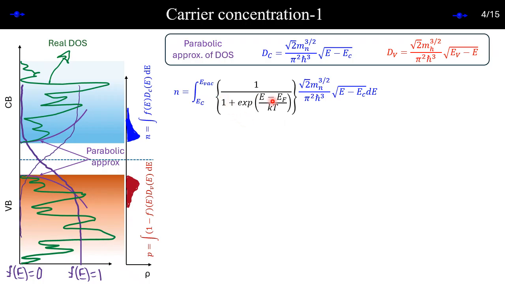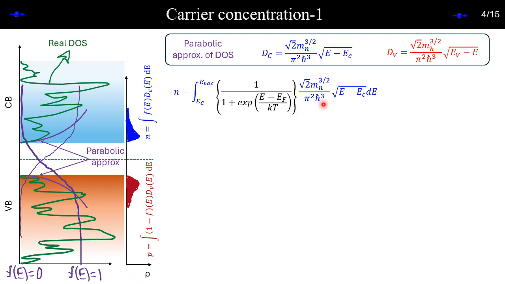If we have only the exponent, your life would be much better. That is possible when the semiconductor is non-degenerate. We'll see that soon. Another thing we can do is write E minus EF in this form: E minus EC plus EC minus EF.